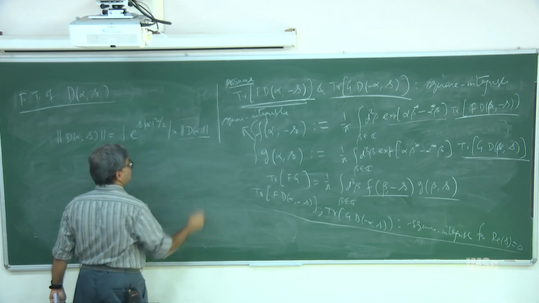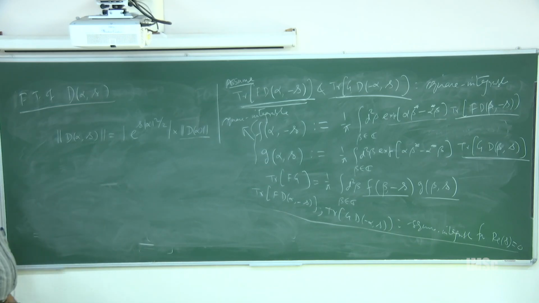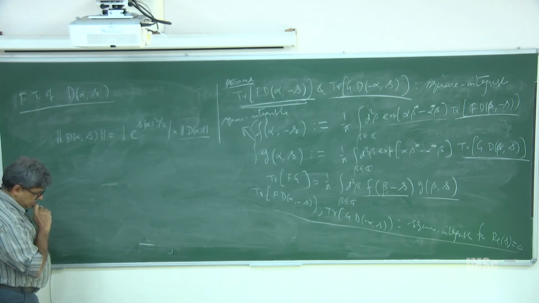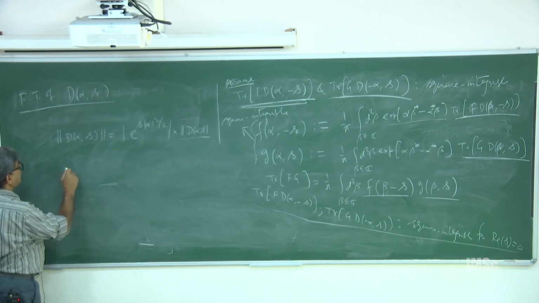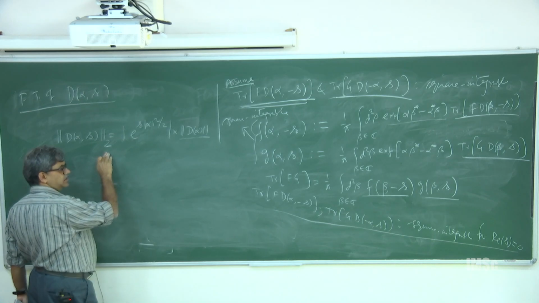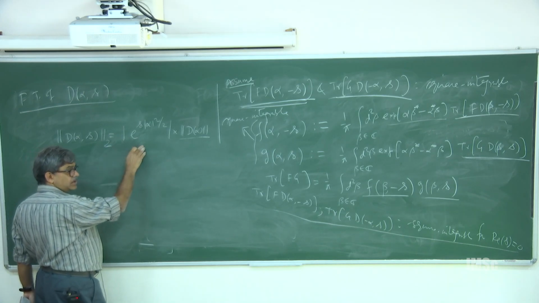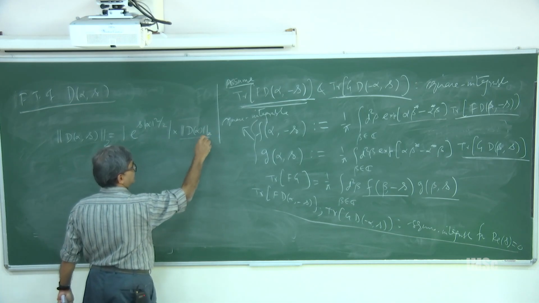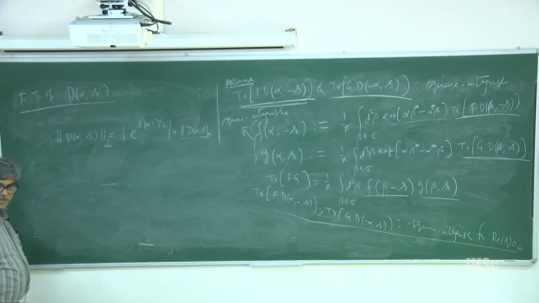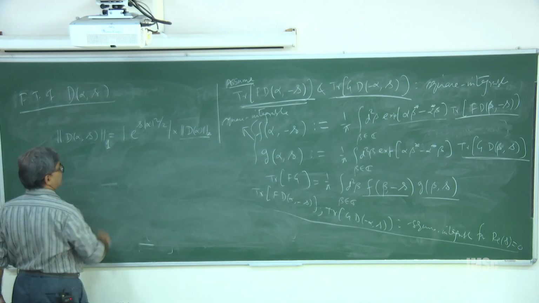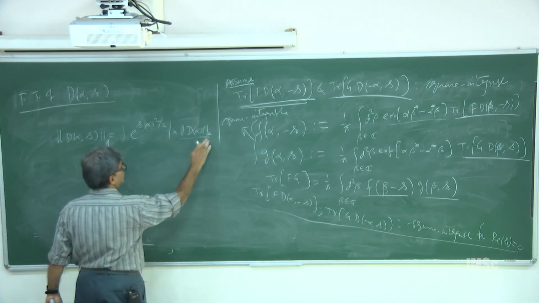Now, the norm of d of alpha is unbounded, right? But if I take the trace norm, what will this be? This is okay, but what about this? This is also unbounded, but this one will of course be finite, right?